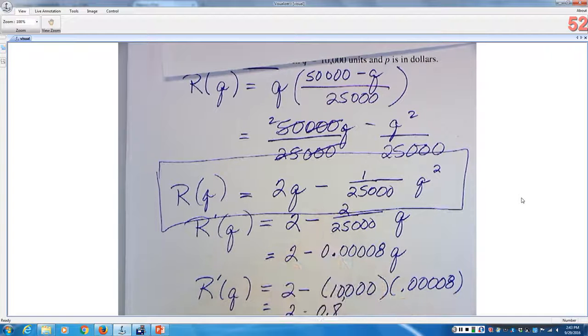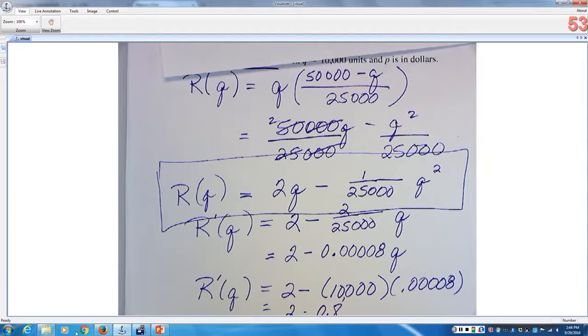It's got a negative coefficient. What do you know about quadratic equations that have a negative coefficient? How do they graph? What kind of shape does a quadratic have? It's a U shape. If it's got a negative coefficient, does it open this way or this way? Down. It opens down.